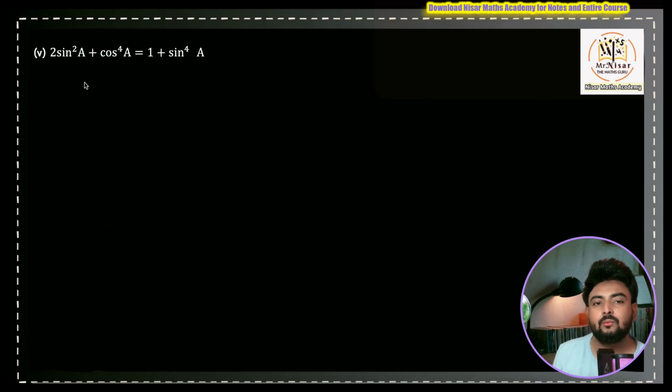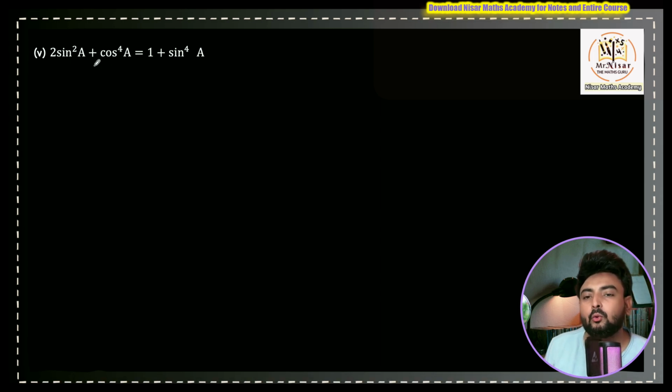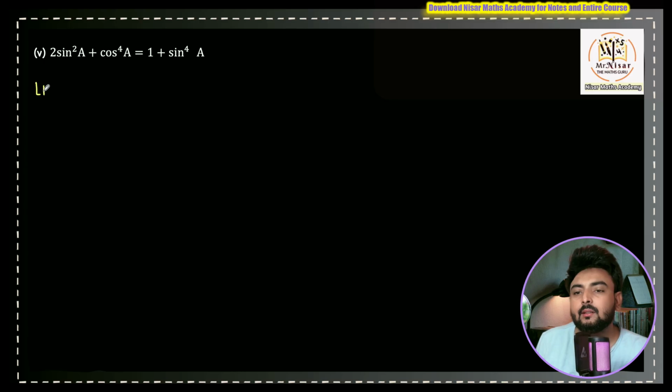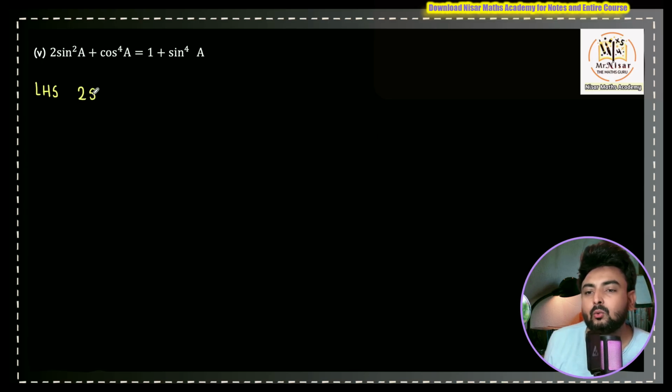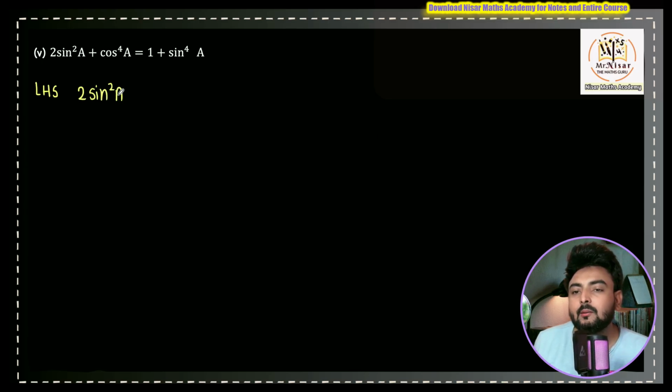The next question we have, children, here: 2 sin square a plus cos to the power 4a. Okay, very easy question it is. See what I said to you, whenever I write, first the left hand side: 2 sin square a plus cos to the power 4a.